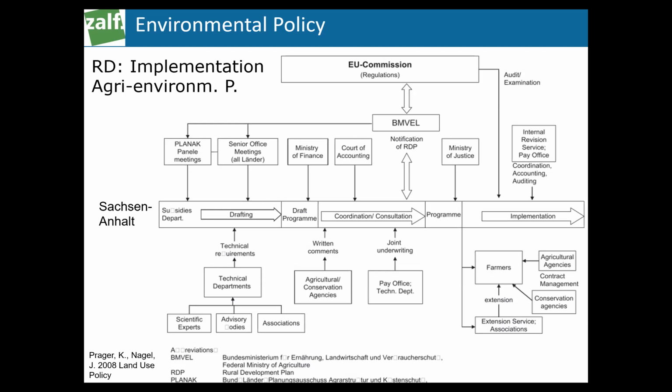And there are ministries of finances who are really controlling whether it's legal, coherent with the laws, and there is a sort of accounting authority and Ministry of Justice, who are also, according to the laws, checking the adequateness of this kind of program.